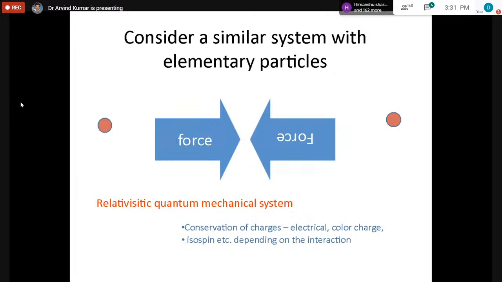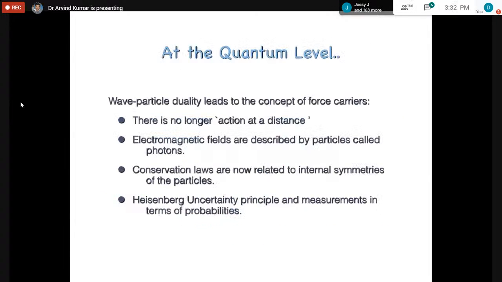Now the point is that because it's a relativistic quantum mechanical system, next slide, please, something happens compared to classical physics. Instead of these two electrons or two quarks coming and hitting each other physically, there is an exchange of the force. The interaction between these two is exchanged by a virtual particle.